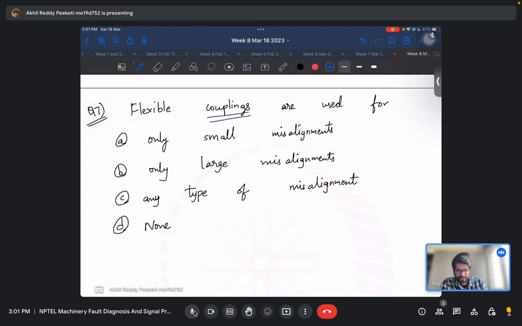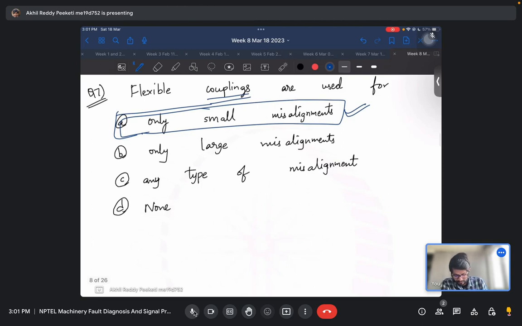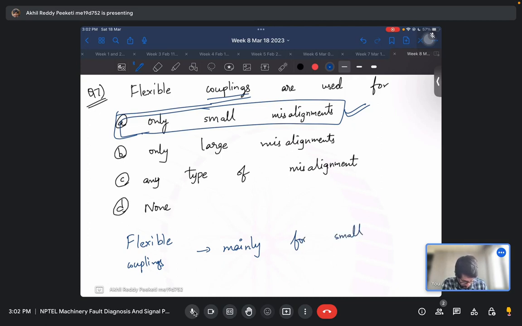Flexible couplings are mainly used only for small misalignments. When you have large misalignments, you need to use the jack bolts or metal shims. But if they are very small, then you can use the flexible couplings.